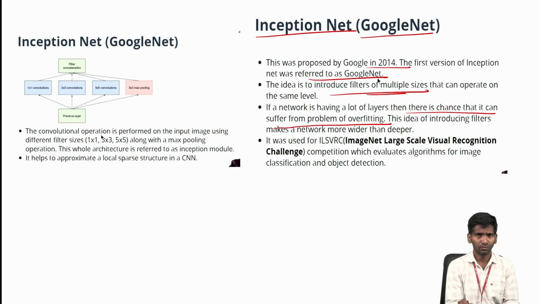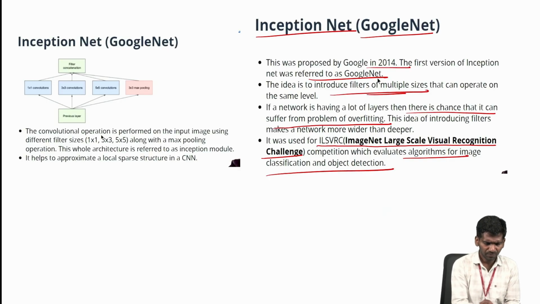In AlexNet we used dropout, right? So here also we use some other technique. We use ILSVRC, the ImageNet Large Scale Visual Recognition Challenge, which evaluates algorithms for image classification and object detection.